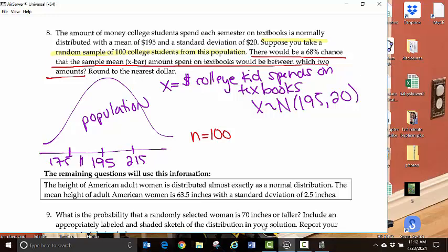Would you know that 68% is between here and here in the regular population? One standard deviation is 68%. But we're not talking the regular population now. We're talking the picture of all possible samples of size 100. So what changes? The standard deviation.